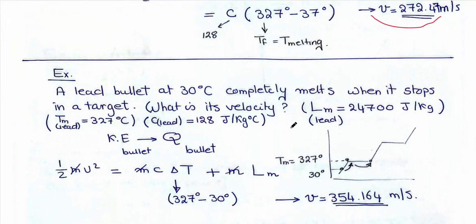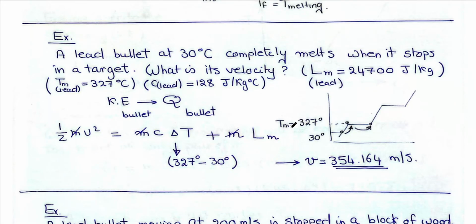Another example, also a lead bullet, but initially at 30 degrees, and it is required to completely melt. I want it to melt completely when it stops in the target. Now it will increase from 30 degrees to 327 degrees, which is the melting temperature.